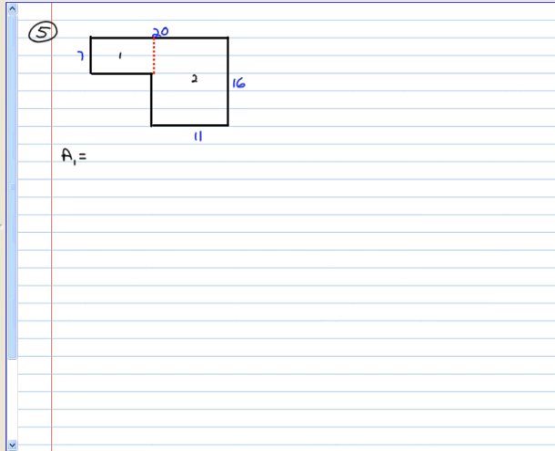Area 1, how do I get it? 7 times how much? 7 times 9. I can figure out that this is 9 because the top is 20, and I subtract the 11 from the bottom. I have 9 left over. And area 2 is, I'm just going to say plus 16 times 11 equals 176? 239.